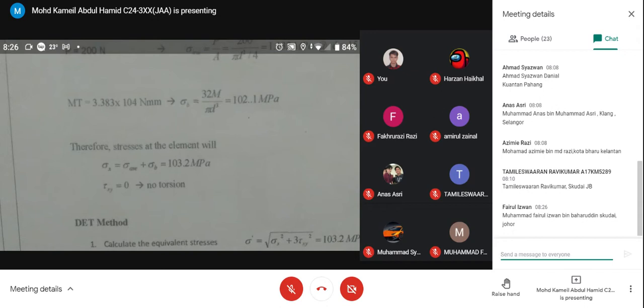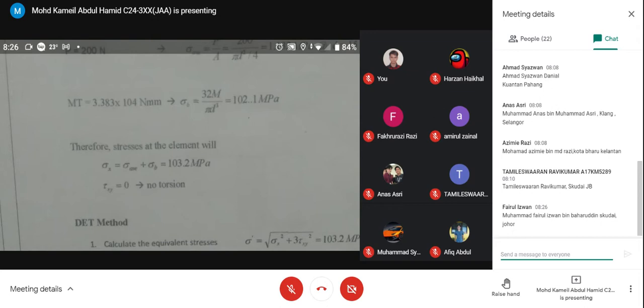So sigma x will be sigma average, sigma axial tu tambah sigma bending. So that is sigma x. So total is 103.2 megapascal.